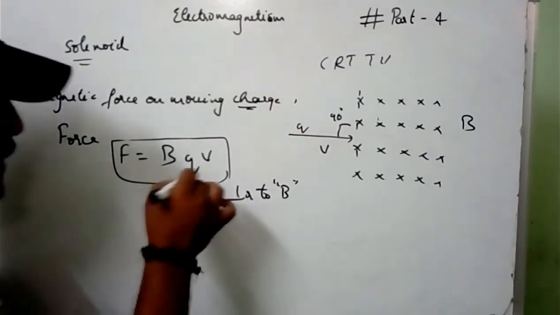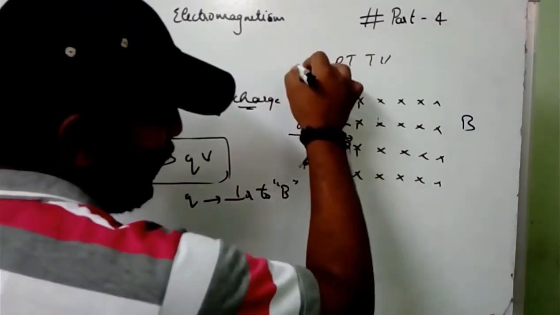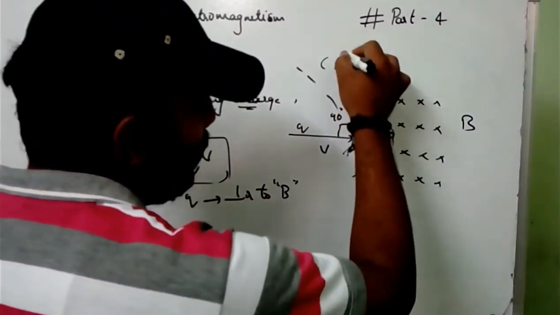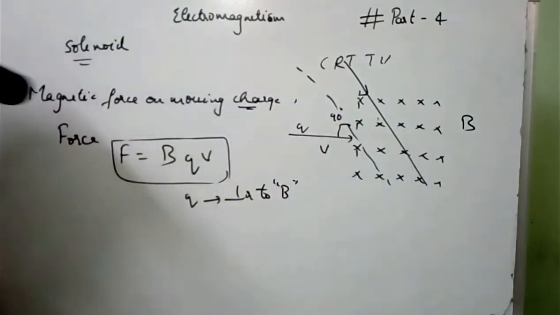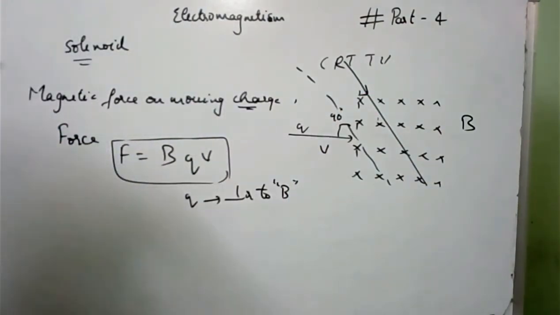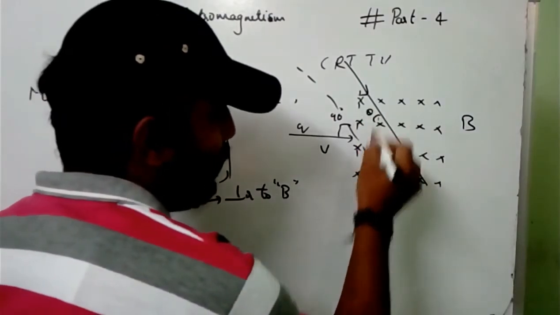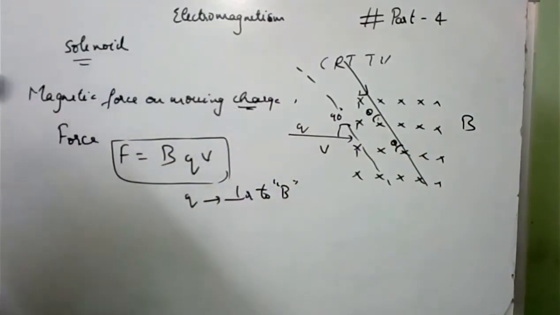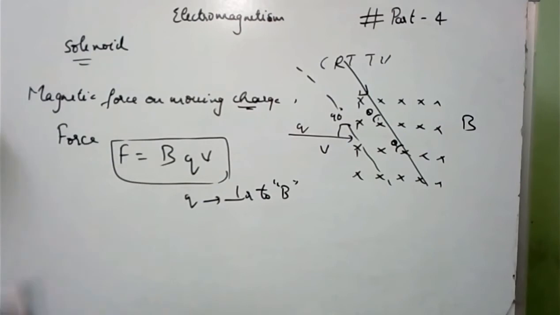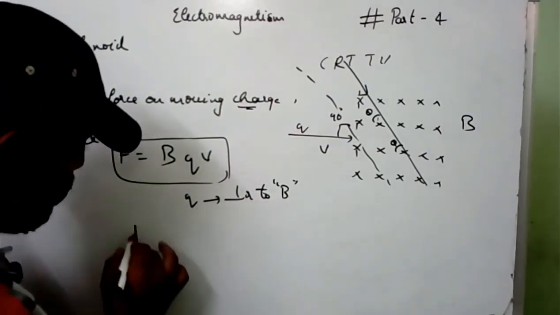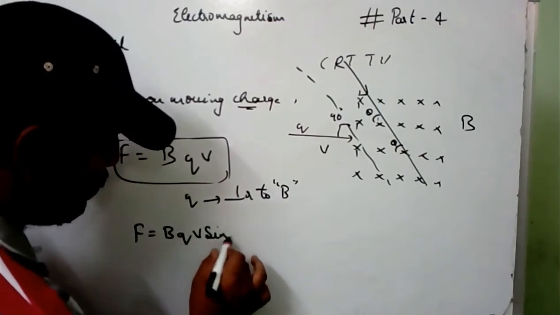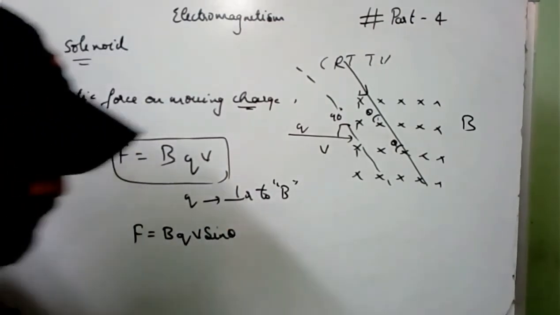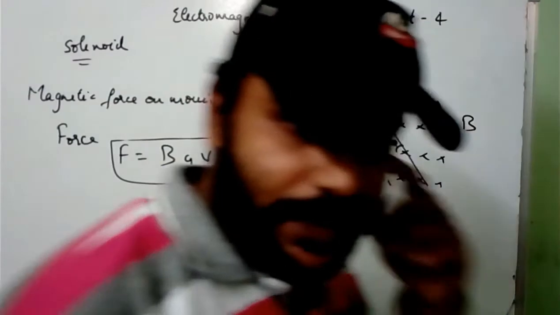Now if the charge is moving at an angle into the magnetic field, making an angle theta with the field, what is the formula? You can write F = BQV sin theta. Understood?